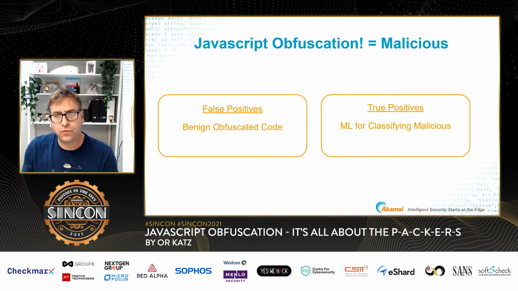The second approach will be the true positive approach: given a packer and the classification that we have, what is the possibility of extracting some features out of those files and making a machine learning decision based on the classification that we have on those files. We'll go through those two approaches in a second.